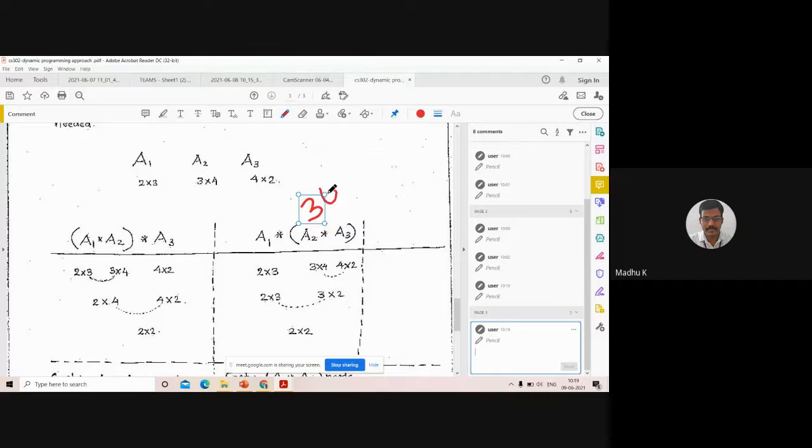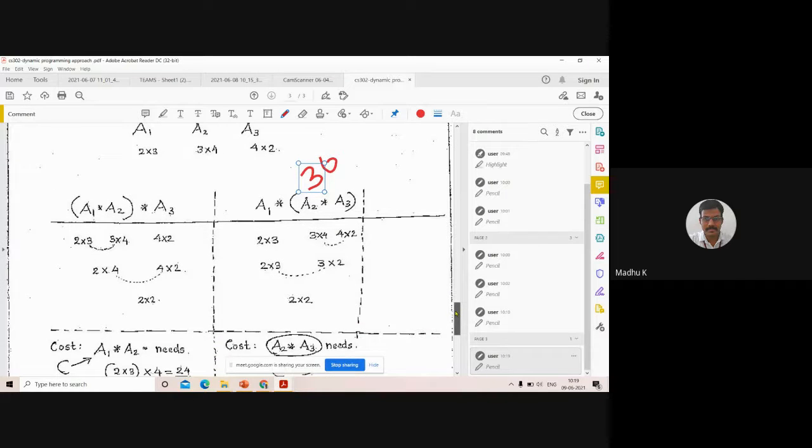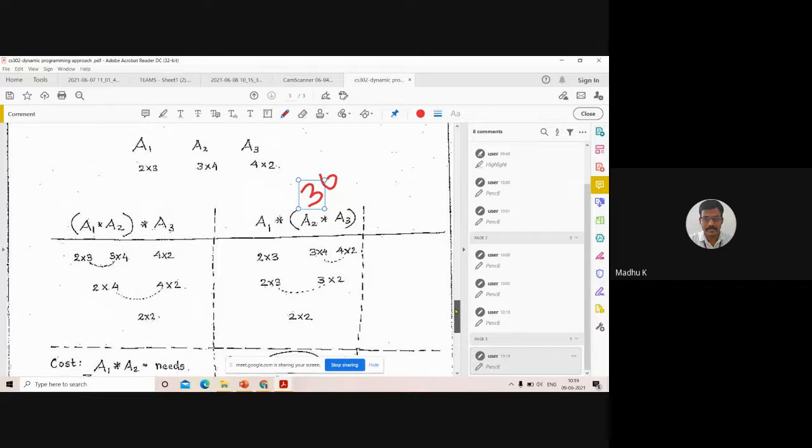So this is a chain matrix multiplication problem, and here, with a4, this is a simple case, so I did it manually.